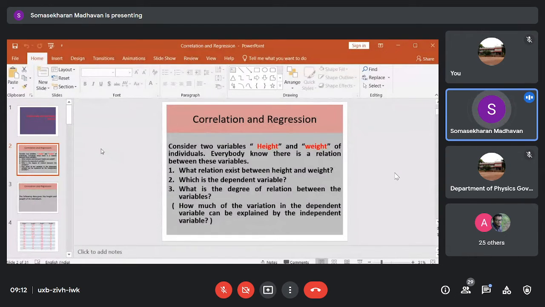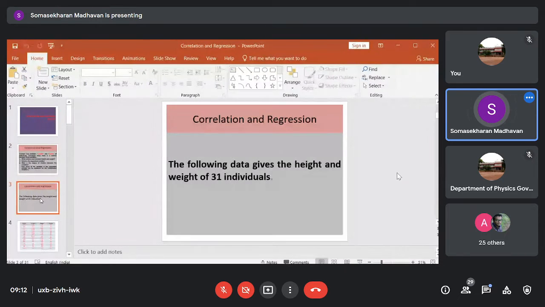We can answer these questions by the techniques of correlation and regression. We can check whether there is any observed relation, and if so, what is the type of relation, what is the model corresponding to that, and what is the degree of relationship.